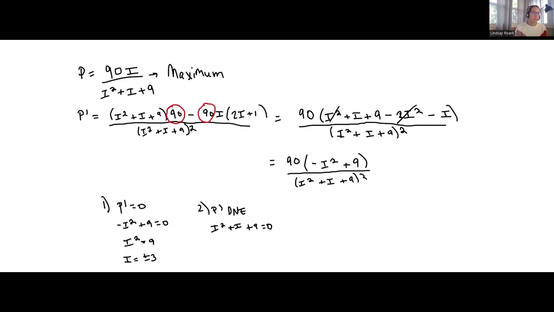And then we could try to solve I squared plus I plus 9. Ugh, it's not factorable. Technically, you could use the quadratic formula, but that would essentially also be a domain restriction on the original.